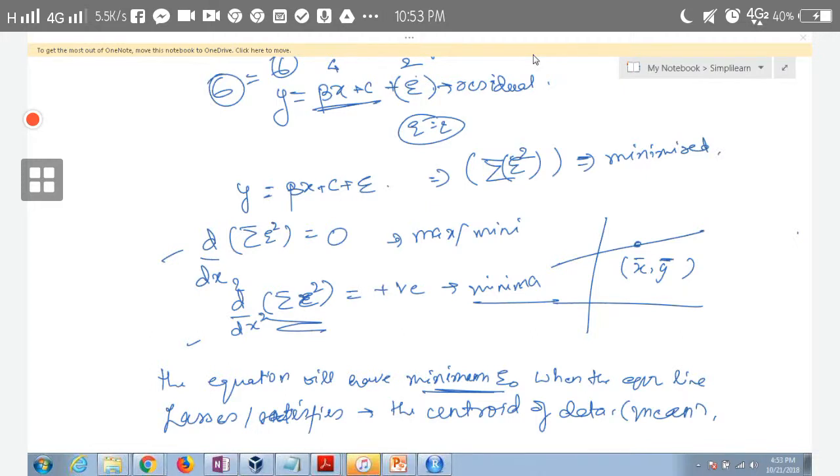But I try to make it as simple as possible so that if you're seeing it for the first time, you may not get disturbed by the idea.